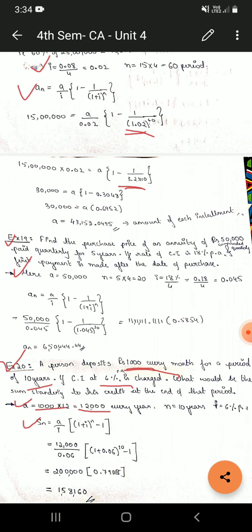You have to be careful whether the amount is given as an annual payment or a monthly payment. Here the deposit is made every month, therefore you have to convert it into an annual payment. In the next class we will solve the last set of problems based on annuity. Thank you.